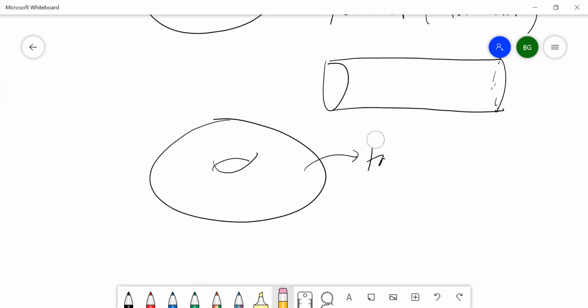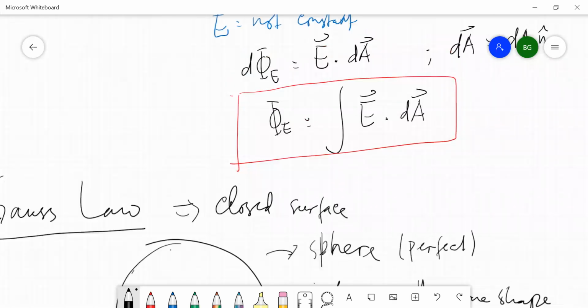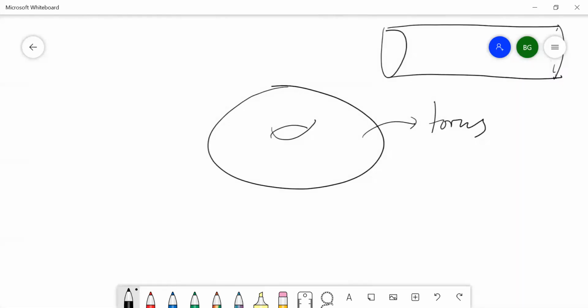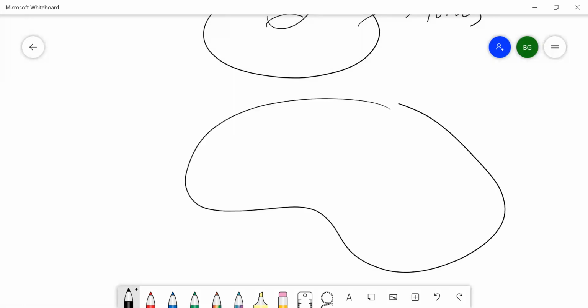That is so far a two-dimensional closed surface. In general, you can make any closed surface. For example, this is a closed surface.